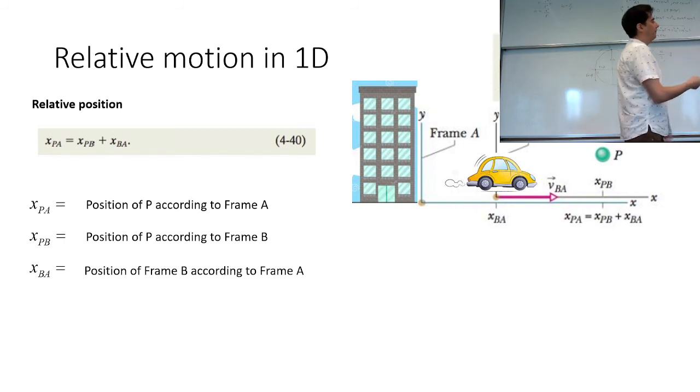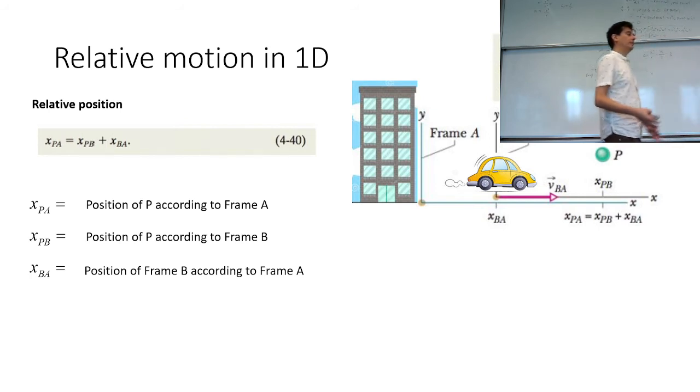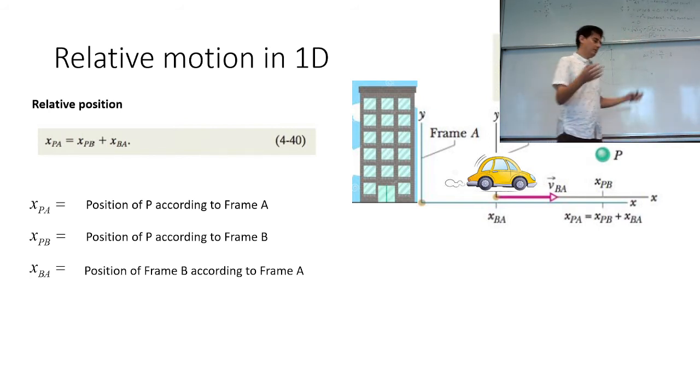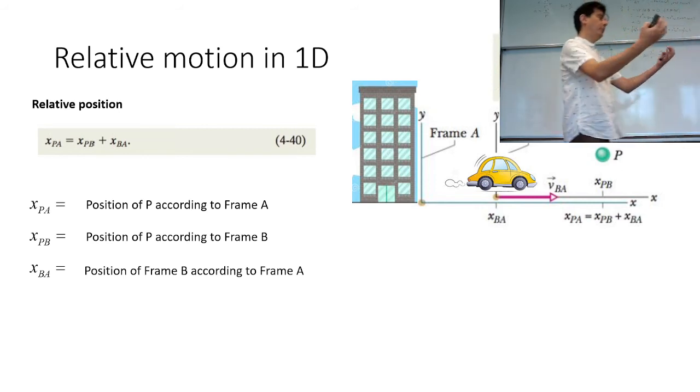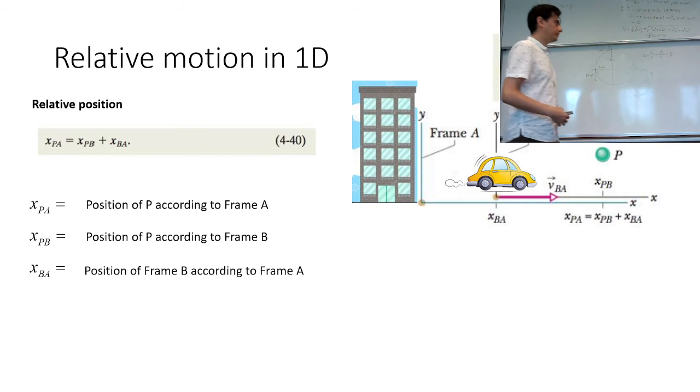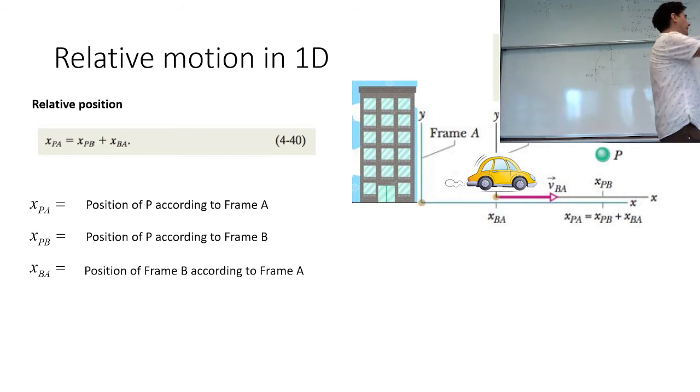Now, from the point of view of frame B, you're in the car, so you're getting closer to the object, or if you view everything from your point of view, the ball is coming towards you, basically because you're getting closer to it.